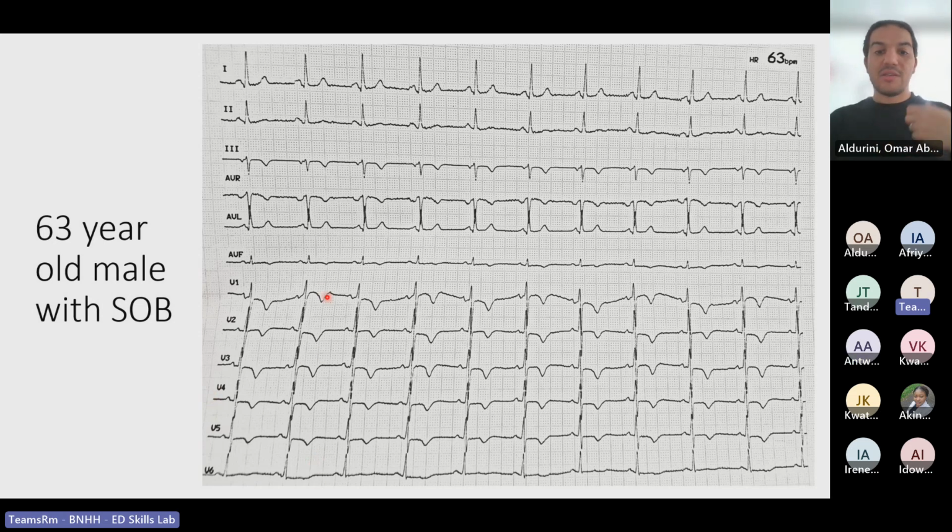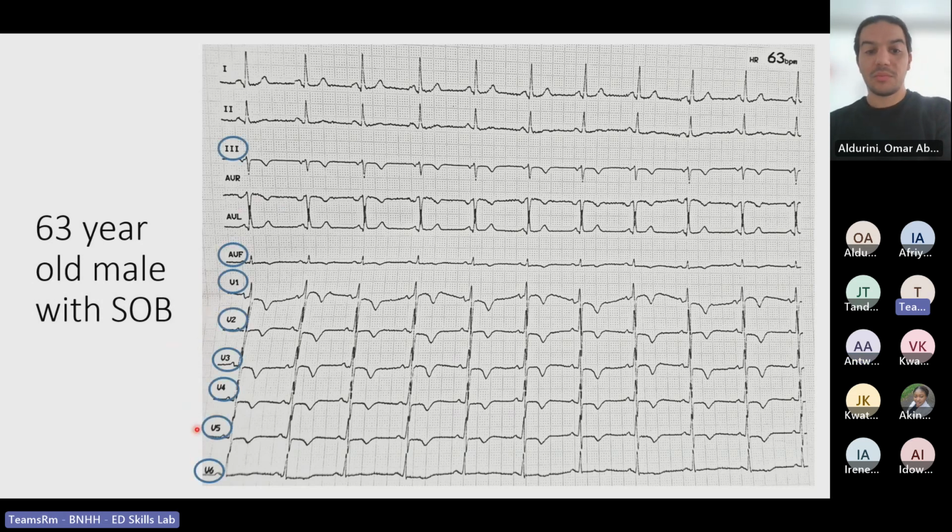If I said to you, this is an ECG for a 63-year-old male who came in with shortness of breath, will you be worried or not? I should be worried, because we have a complaint and ECG changes, so two parts of the triangle showing a positive suspicion for ischemia. Yes, thank you very much.